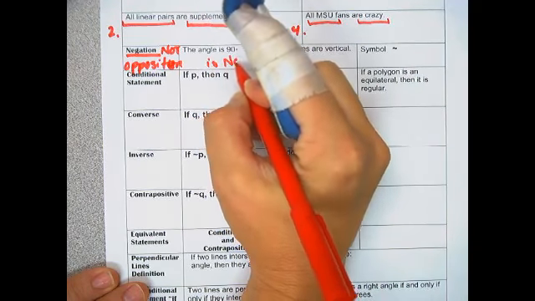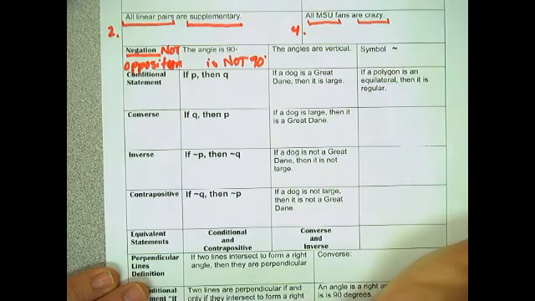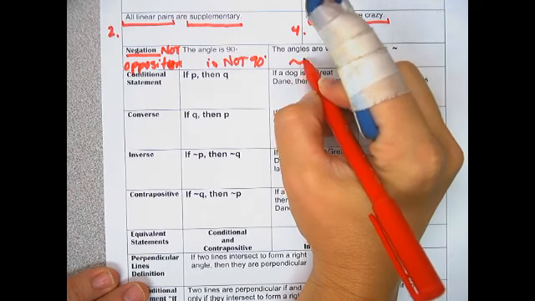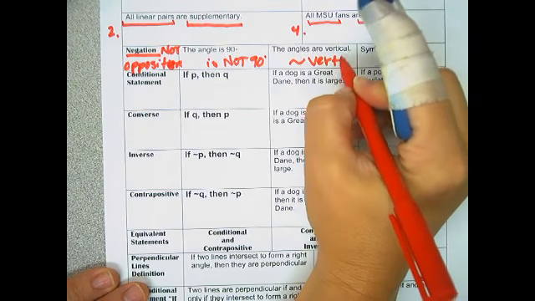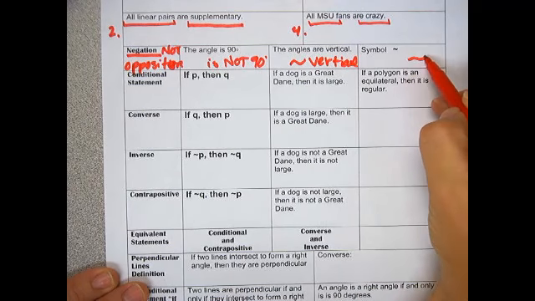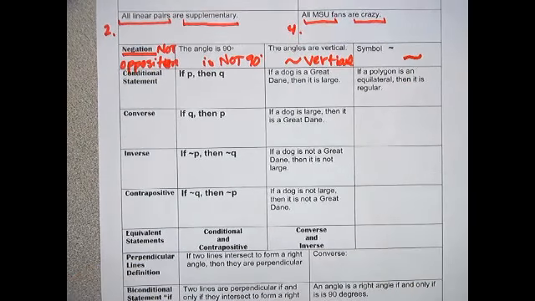So the negation of the angle is 90 would be the angle is not 90. The negation of the angles are vertical, we would say the angles are not vertical. And we're going to introduce this symbol right here. It looks like a similar statement, but that's just the symbol for negation, or for not.